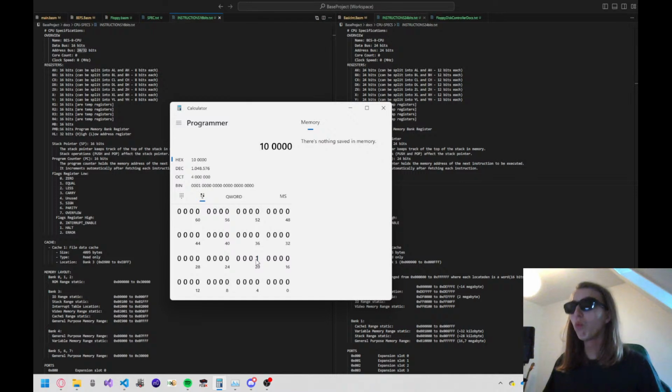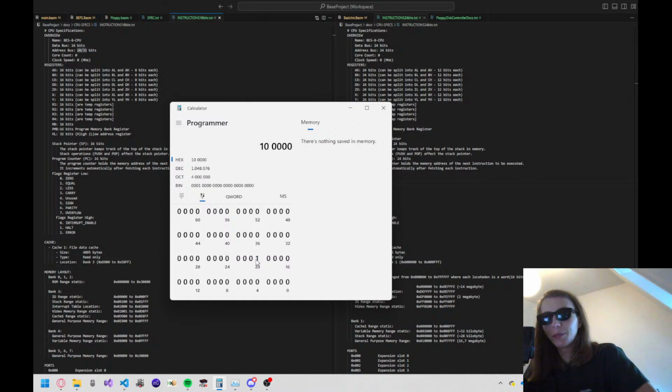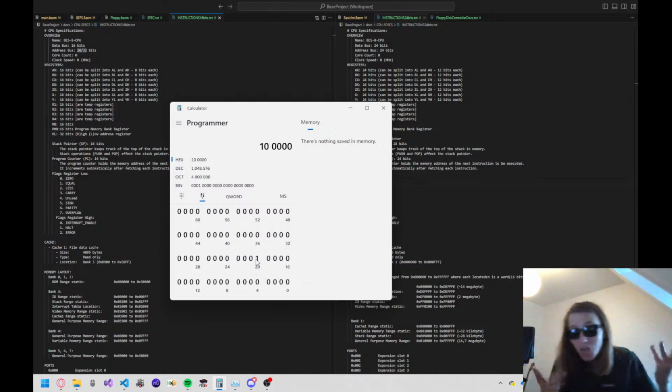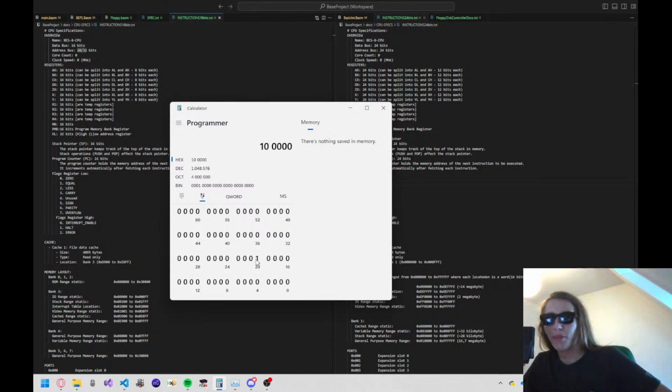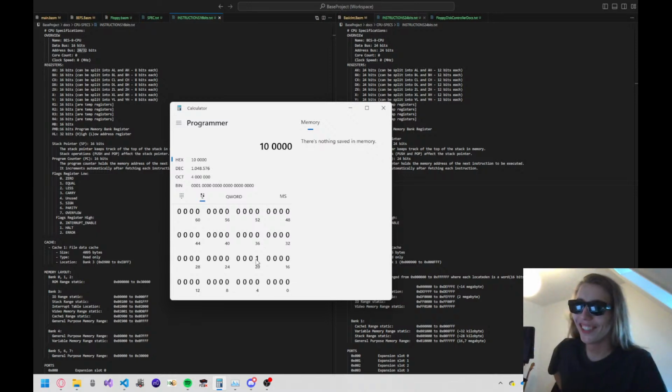If we do 20, that's 1 megabyte. I don't really see any downside to that.